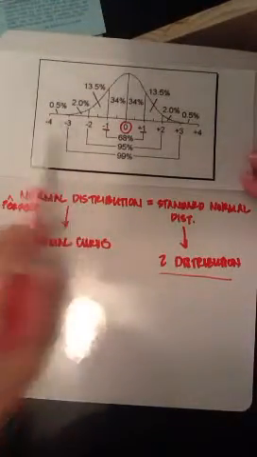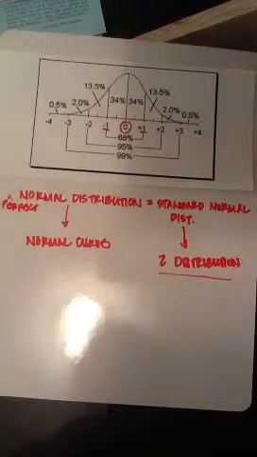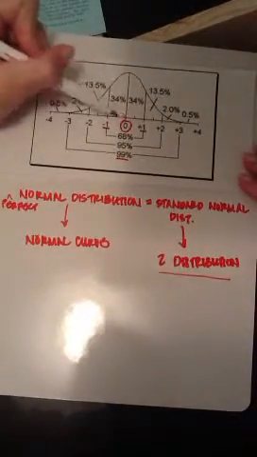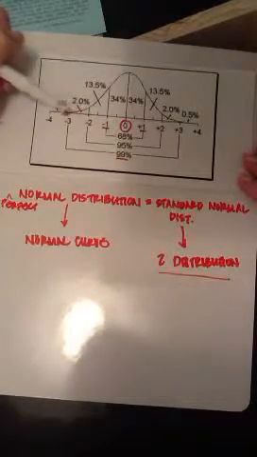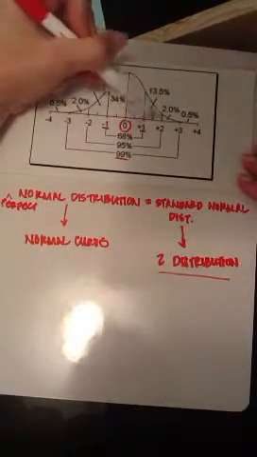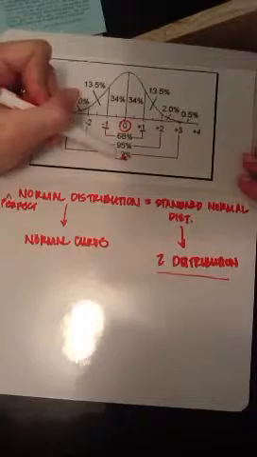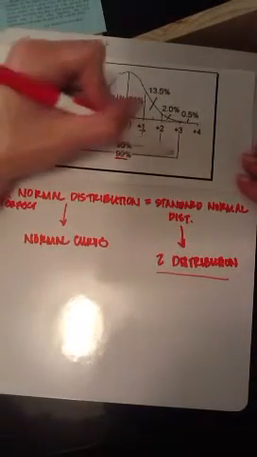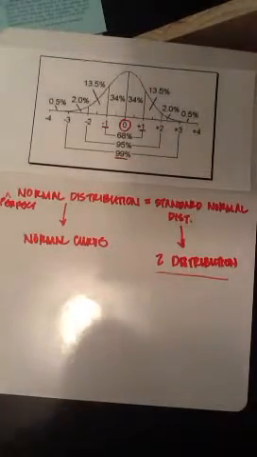Within a normal curve, almost all points, in fact 99% of points, fall between plus and minus 3 standard deviations from the mean. So 99% of all points fall within minus 3 and plus 3 standard deviation points.